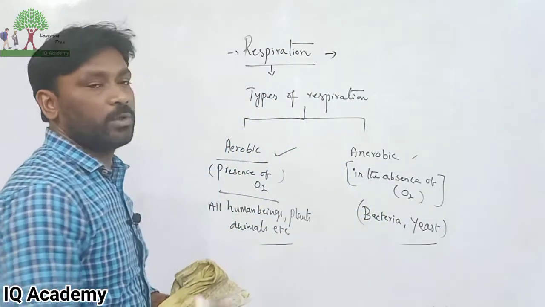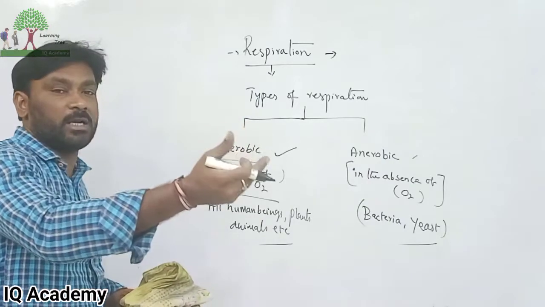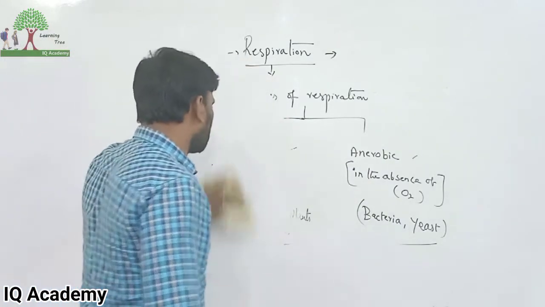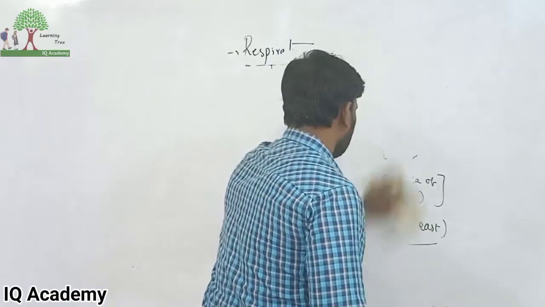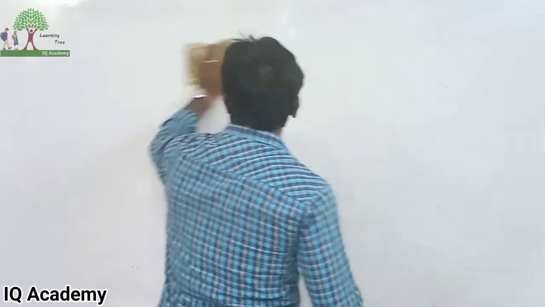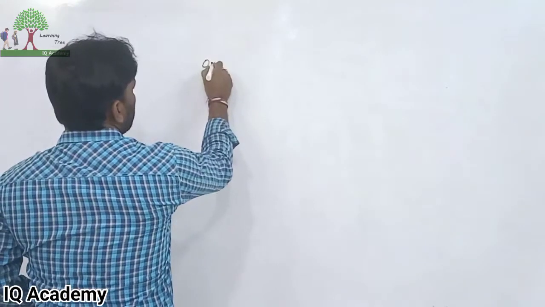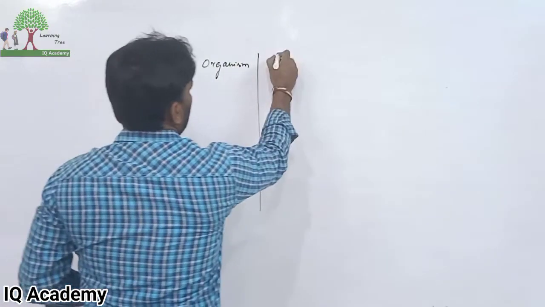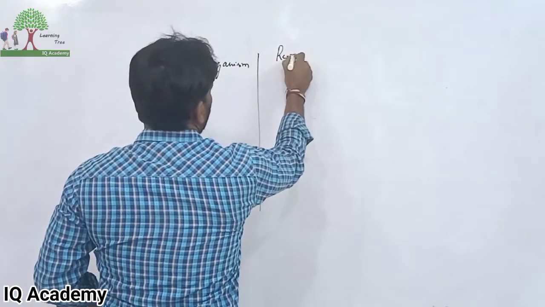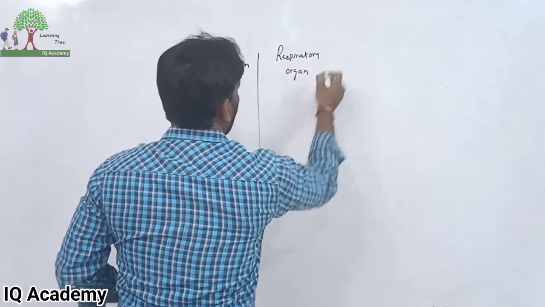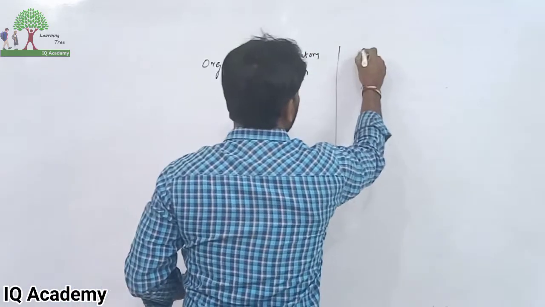Later we discuss the different types of respiratory organs in different animals: the organism, the respiratory organ, and the respiratory system.